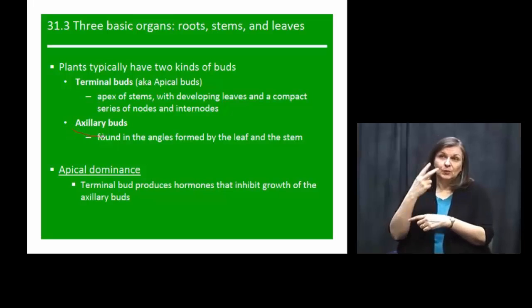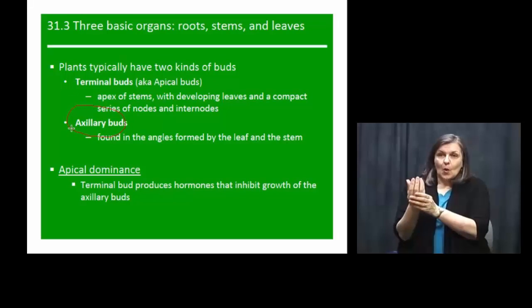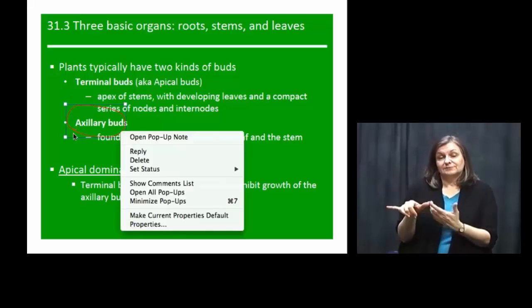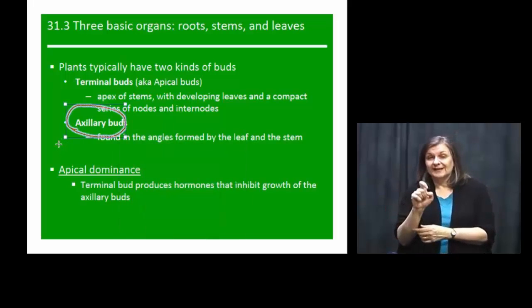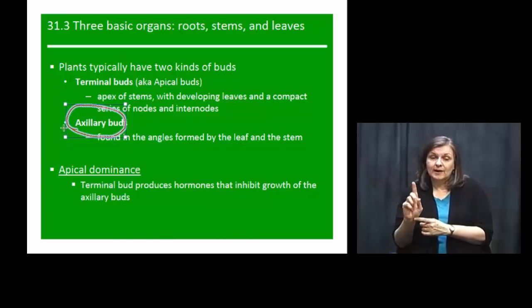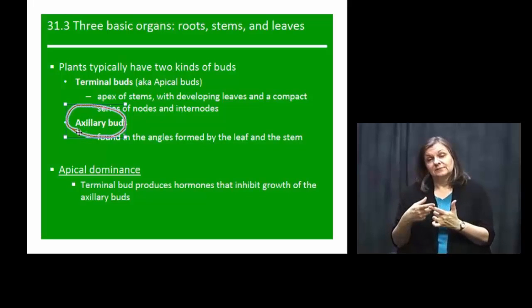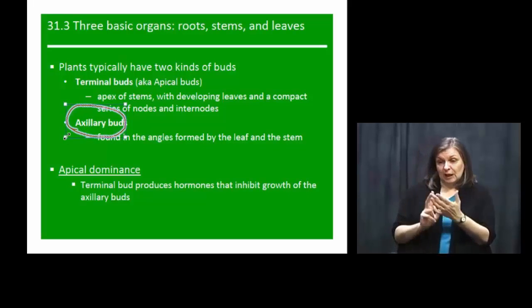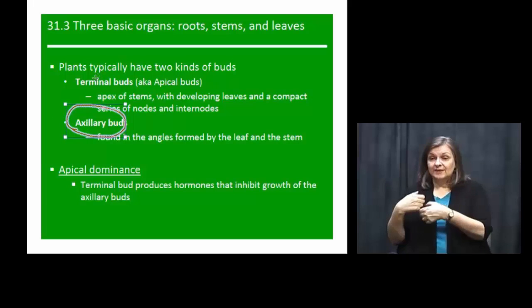These are the buds that come out and start to produce leaves for us, and we look at them as being the point where our leaves will eventually come into play and give us a plant that's functioning and photosynthesizing.